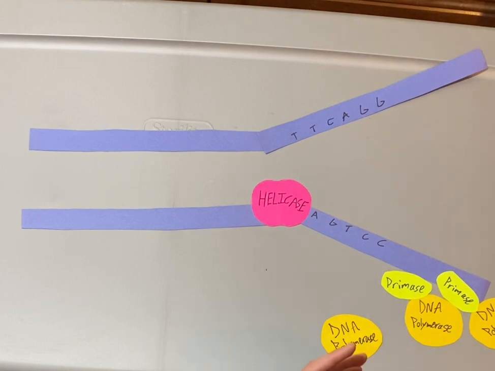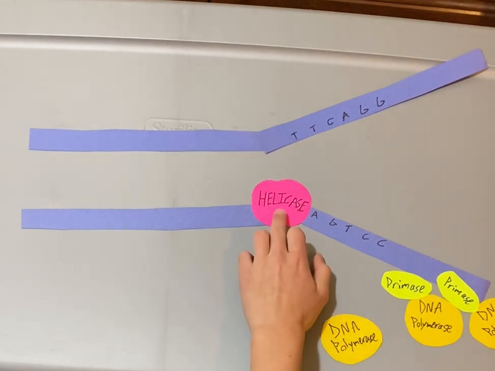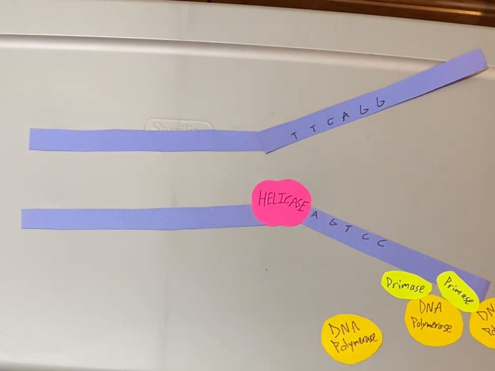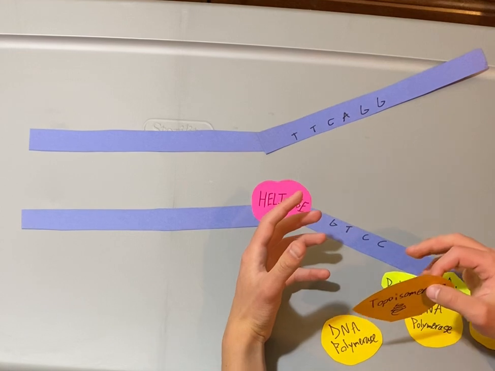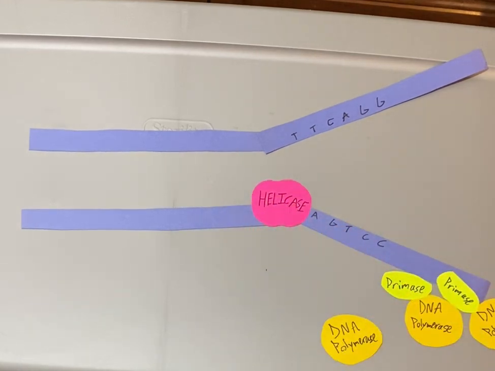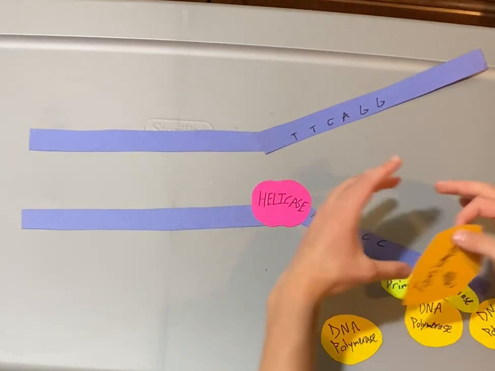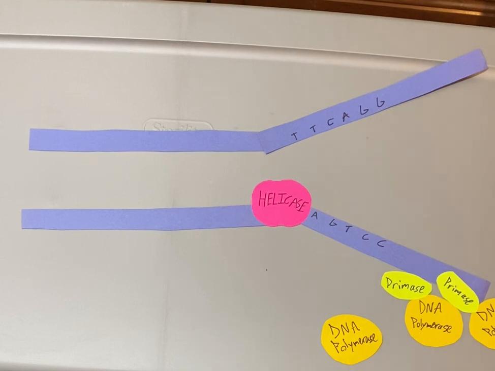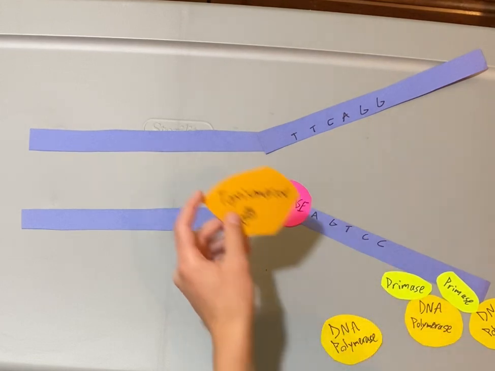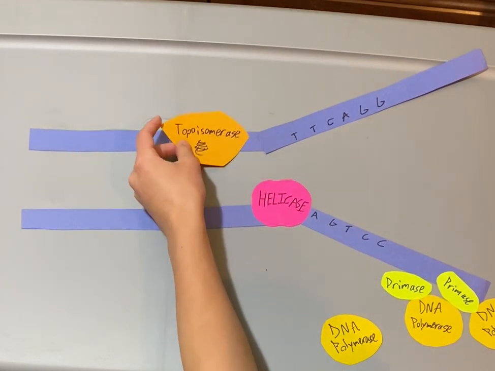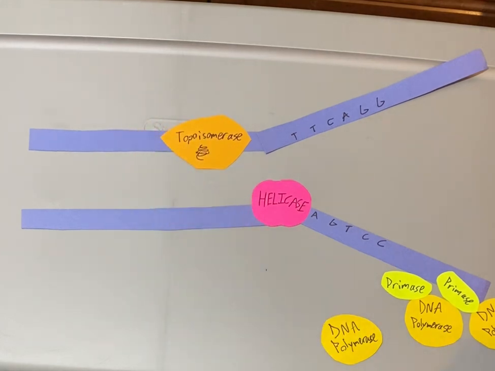Another important thing is that the tension that the helicase puts on the DNA when it opens up normally would cause the DNA to supercoil and constrict all over itself, and that's obviously not great if you're trying to keep it straight for replication. So topoisomerase is here to prevent it from coiling up.